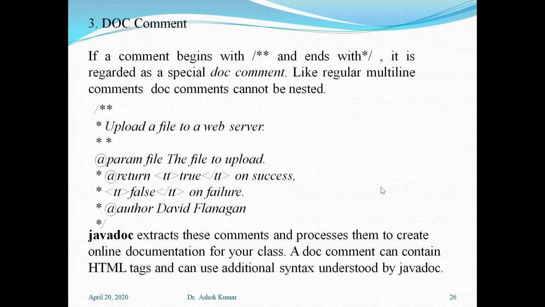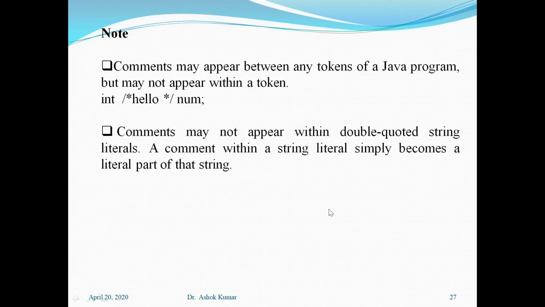Another important point about comments is that comments can appear in between the tokens. For example, if you want to declare an num type variable, in this example I have included a comment between int and num. So it can be written between the tokens.